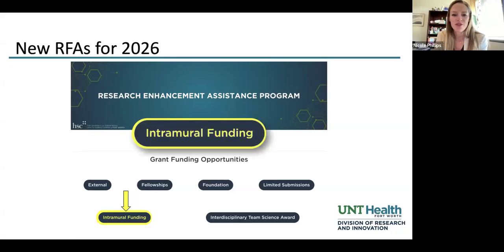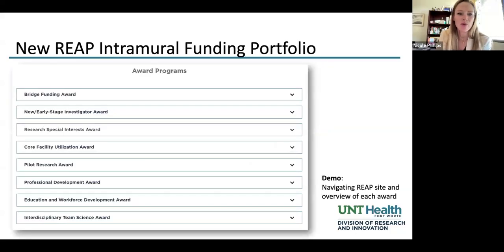With this link, it will bring you to a listing of the award programs. DRI has reimagined the intramural funding program a bit to hopefully add more diversification, to be more inclusive of different types of research and scholarly activities, and of a broader range of faculty and PI eligible staff.